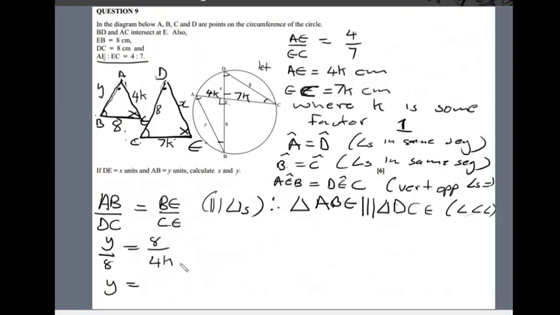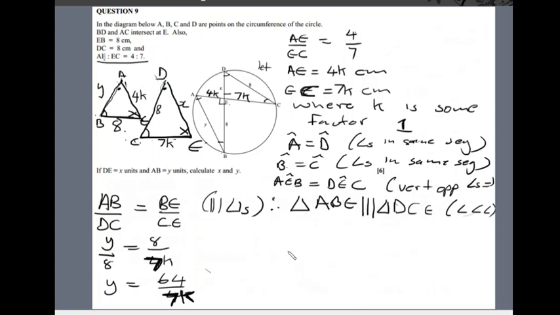When you cross multiply, 8 times 8 will be 64 over 4K. Sorry, here I was supposed to write 7K. CE is 7K, not 4K. So here I'll have 64 over 7K. This will be y, right?